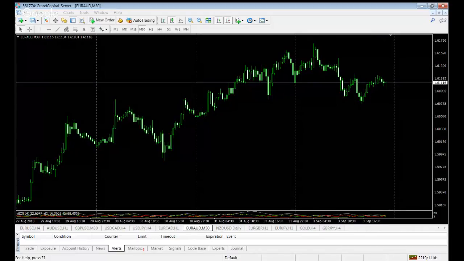So let me set it first, then I will explain it. Now our take profit will be above the price at which we want to enter the trade. The take profit will be above the entry price, and the stop loss will be below it.